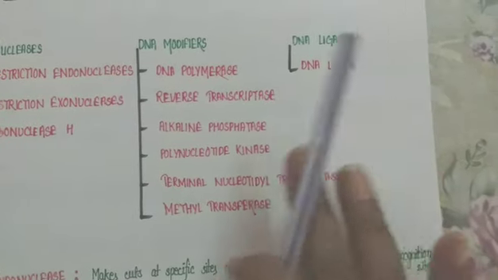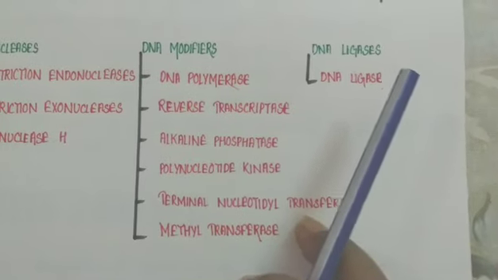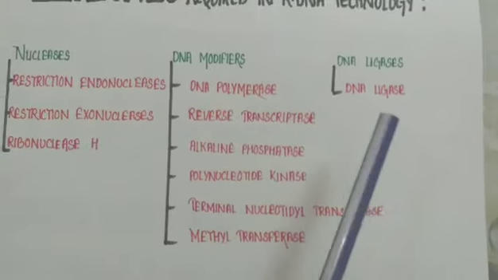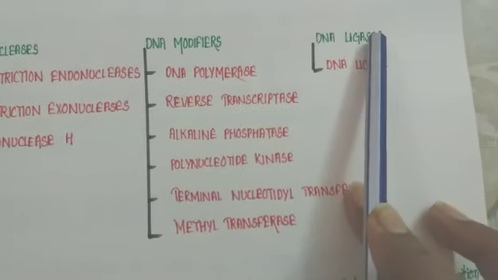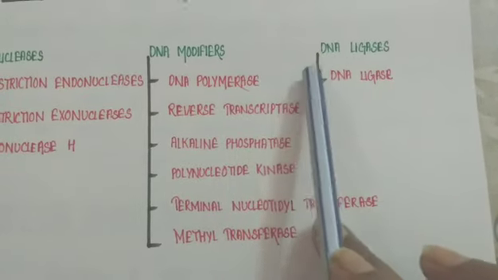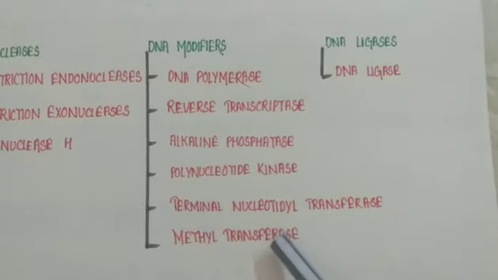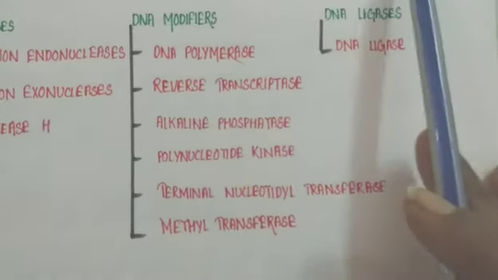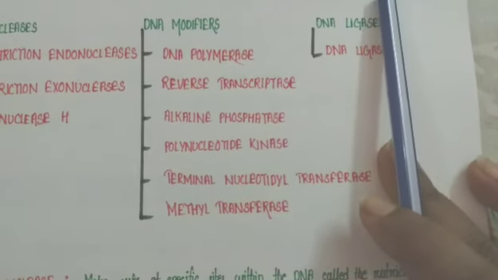They are DNA polymerase, reverse transcriptase, alkaline phosphatase, terminal nucleotide transferase, methyl transferase, and so on. About this we are also going to make a video in further videos.